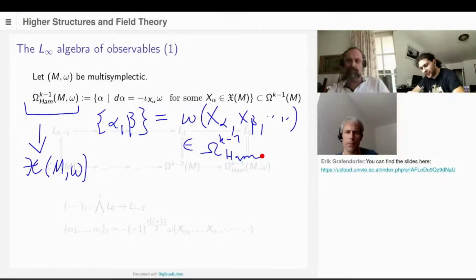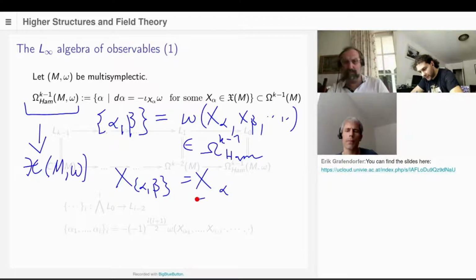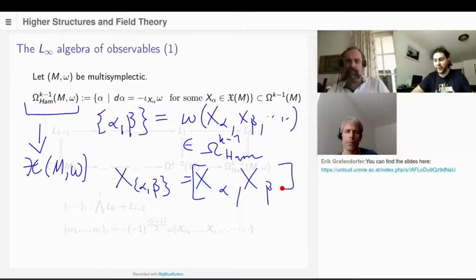Moreover, a calculation shows that X of the bracket of alpha and beta will be the bracket of X_alpha and X_beta. So it even preserves the bracket. So we should be very happy, and we are until we try to calculate the Jacobi identity.